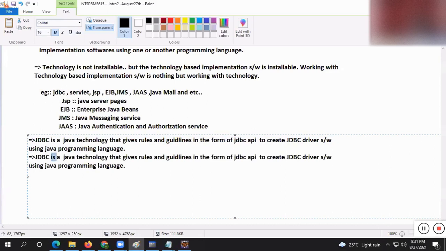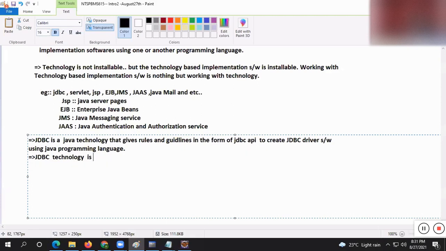JDBC technology is not installable. But JDBC technology-based JDBC driver software is installable or arrangeable.